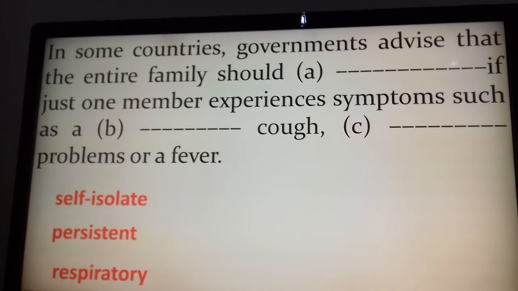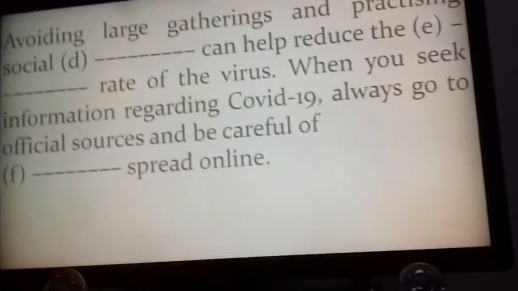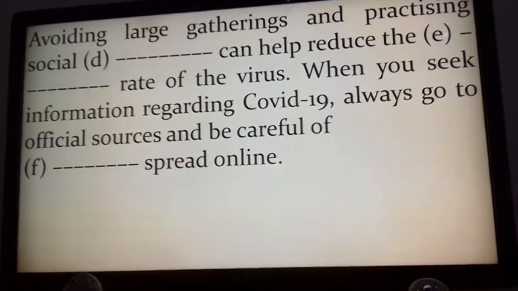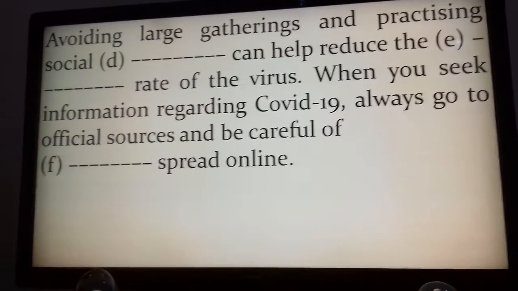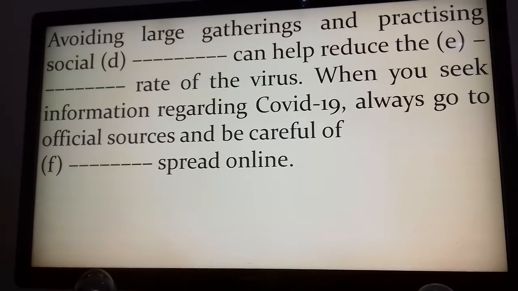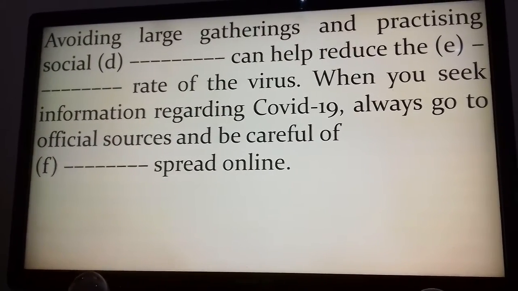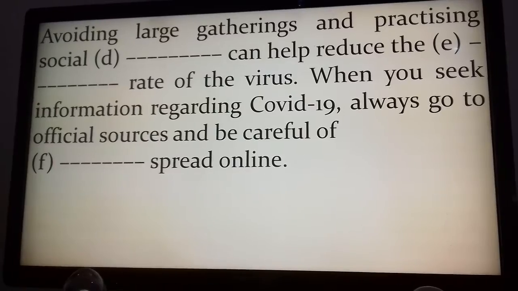All right, so you see, you have to be very fast, okay? Try to complete the text very quickly before time runs out. So we try again, okay? So here is the rest of the text. Avoiding large gatherings and practicing social can help reduce the rate of the virus. I think you are working with me.